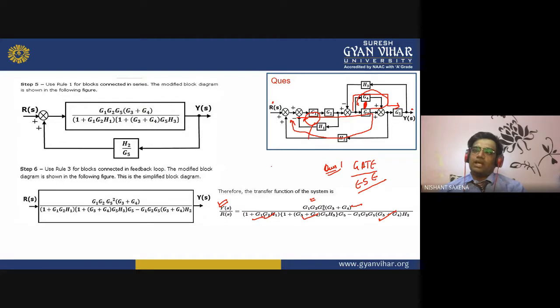You don't have much time in GATE and ESE to go through these big logics, applying rule 1, then rule 2, then rule 3. It will be very time consuming. So it's always better to look at the diagram and move directly to the answer. That will only come with practice. So the more you practice, the more you will get.